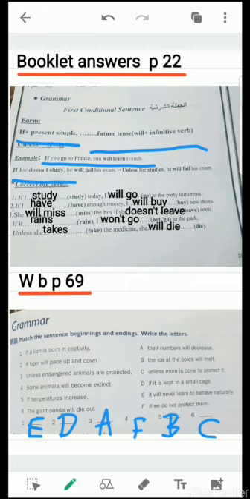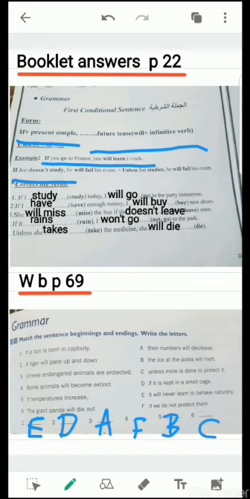We have the workbook, page 69, exercise number 1. Match the sentences beginnings and endings. Write the letters. We have a beginning and an ending. The beginning could be a main clause or if clause.